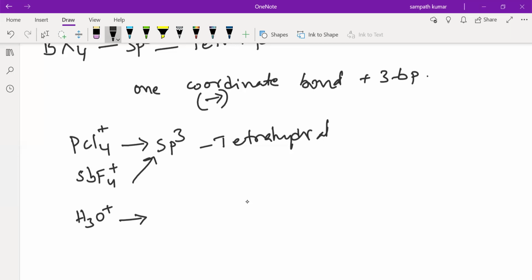Hydronium ion, sir. This is also sp3 hybridization. What is the geometry? Tetrahedral. Tetrahedral, right?